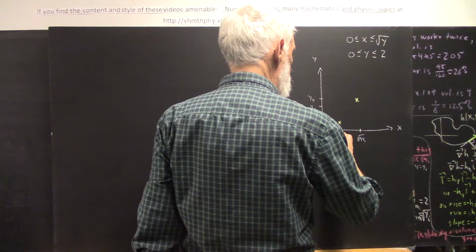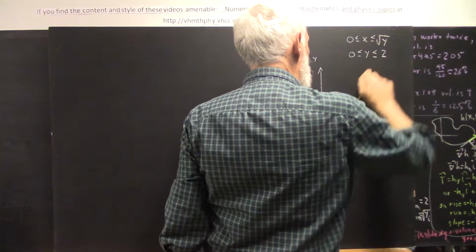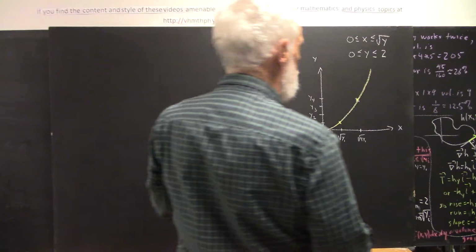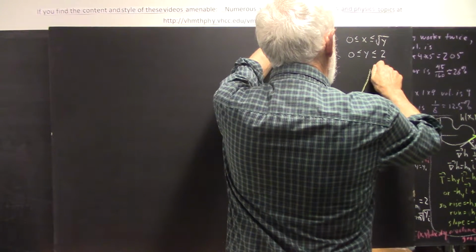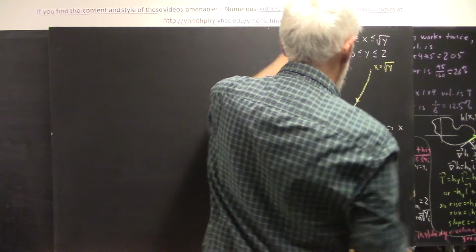From these points, we can construct a curve that corresponds to x equals the square root of y.